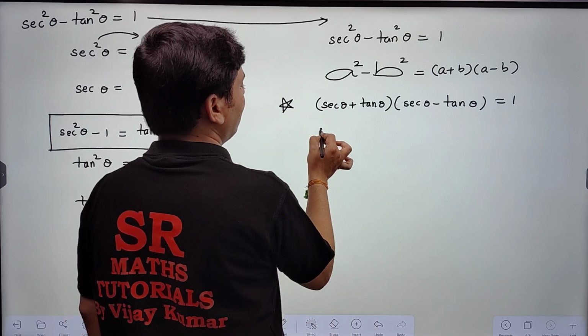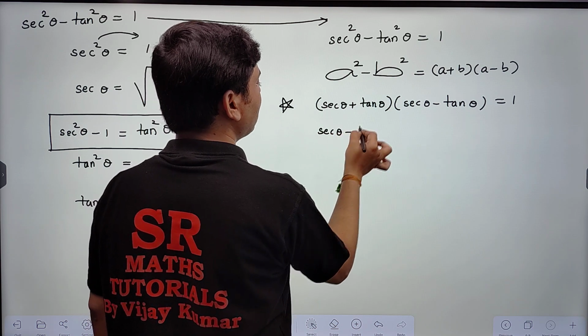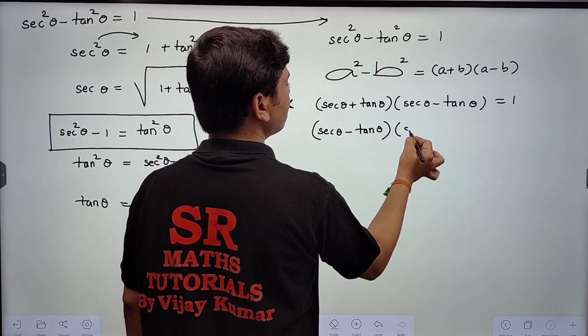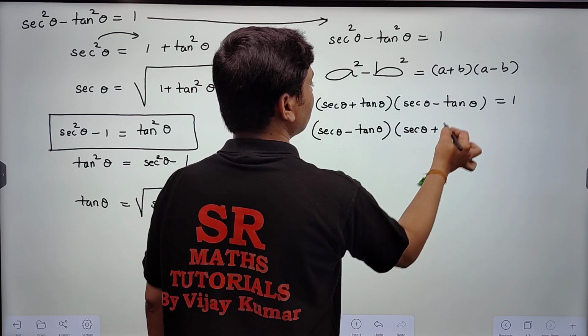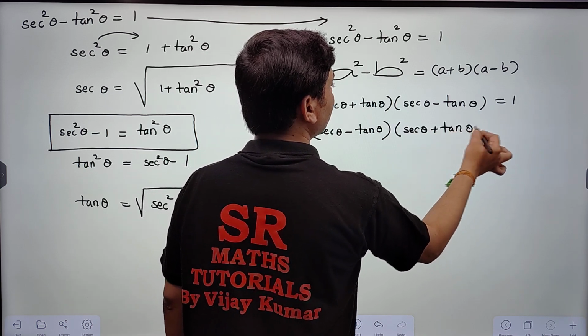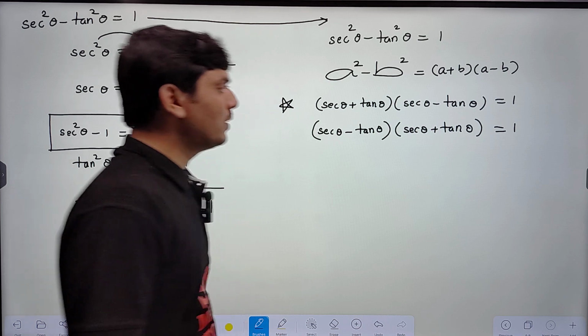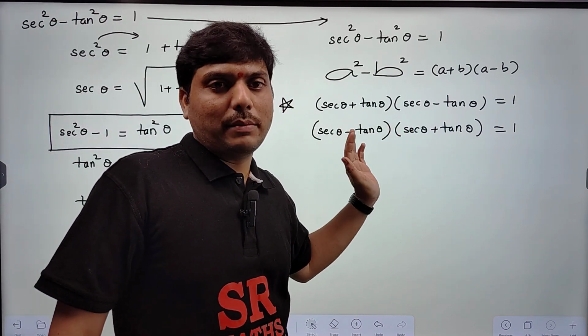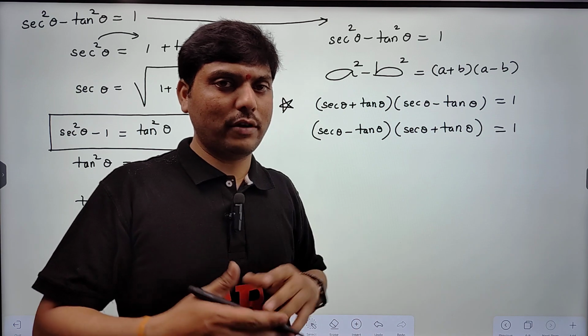So this formula can be written like this also, equal to 1. This is the commutative property concept: A into B is equal to B into A.